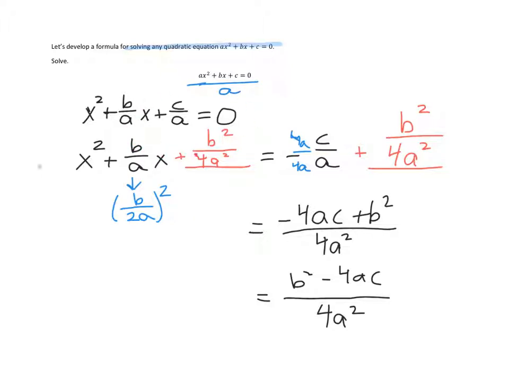And then on the left, going all the way back up here, we just created this perfect square trinomial. So let's factor it like that. It's going to be x plus something squared. And remember, it's whatever the middle term is divided by 2, so it's going to be x plus b over 2a, squared. All right, now we're ready to take the square root of both sides.